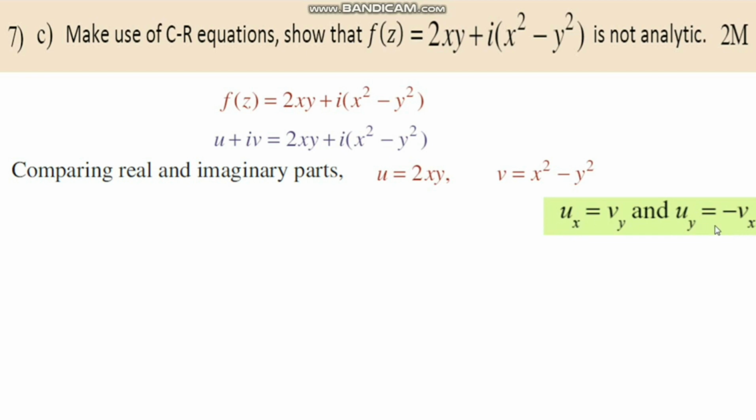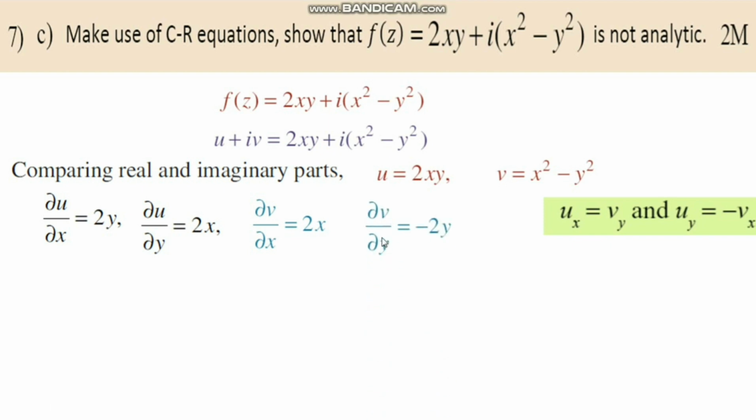In order to check these, we consider the first order partial derivatives of the functions u and v with respect to x and y. ∂u/∂x is 2y, ∂u/∂y is 2x, ∂v/∂x is 2x, ∂v/∂y is negative 2y.